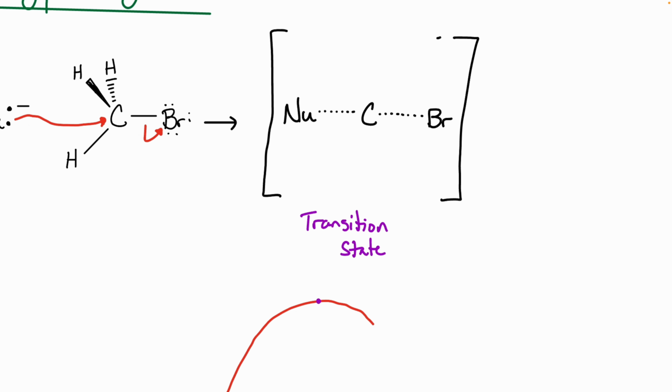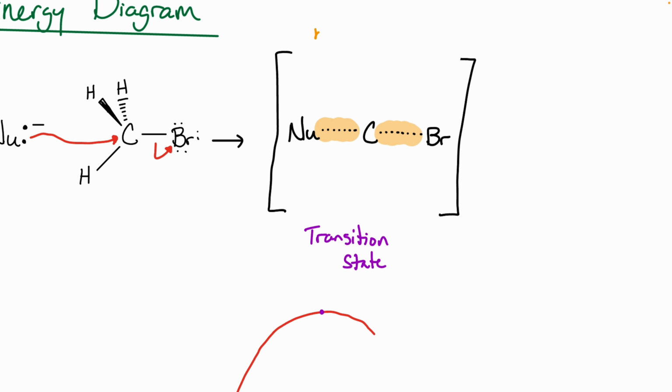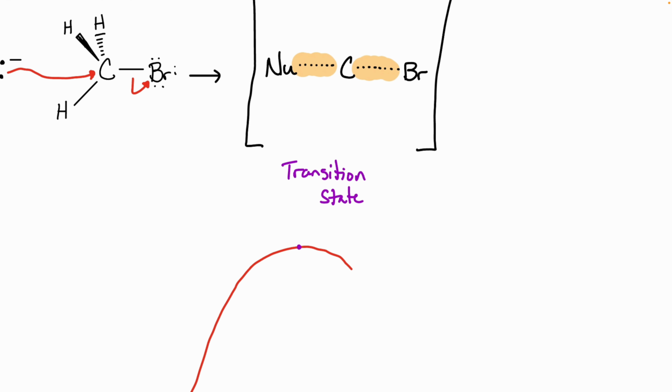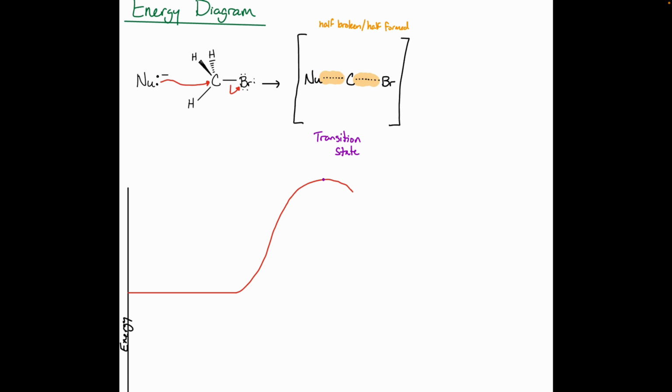So I'm going to use these dotted lines here to indicate these bonds are half-broken, half-formed. Okay, and then once this graph reaches that transition state, it's going to crash downhill here until we get to our product energy level.